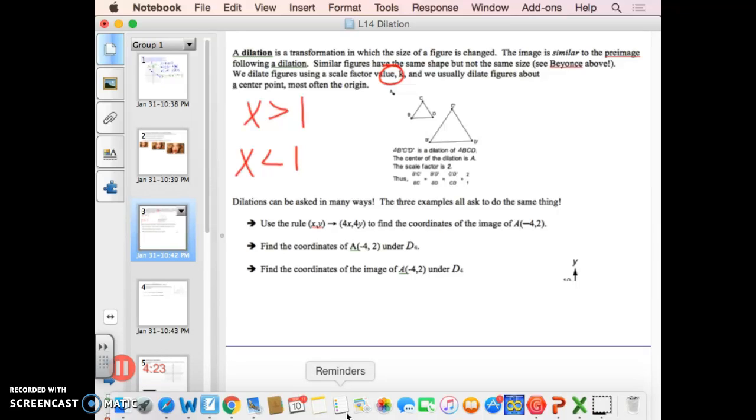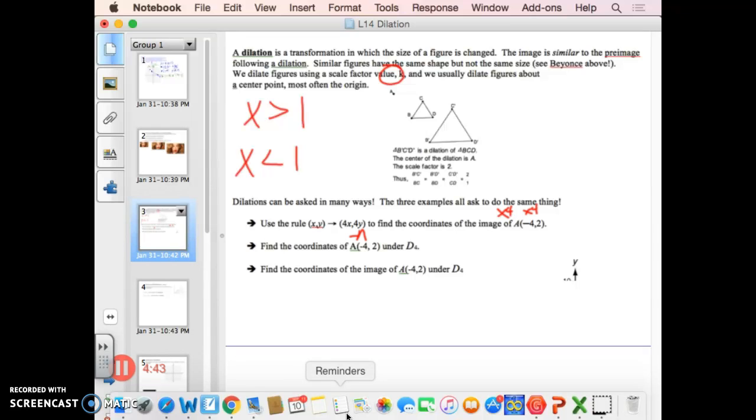And this is going to be multiplication. So it's a little different than a transformation where you add or subtract to the coordinates. Now you're going to be multiplying. So if we use the rule (4x, 4y), we're essentially making our shape 4 times bigger. So all you do is multiply your x and your y by 4.